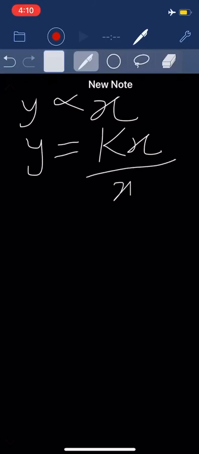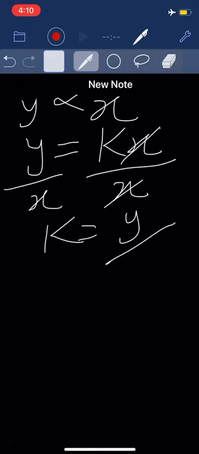Next thing I'm going to do is introduce constant of proportionality. y will therefore equal kx. The next thing I want to do is make k the subject of formula. So I divide both sides by x. Therefore, x cancels x. k is equal to y over x.